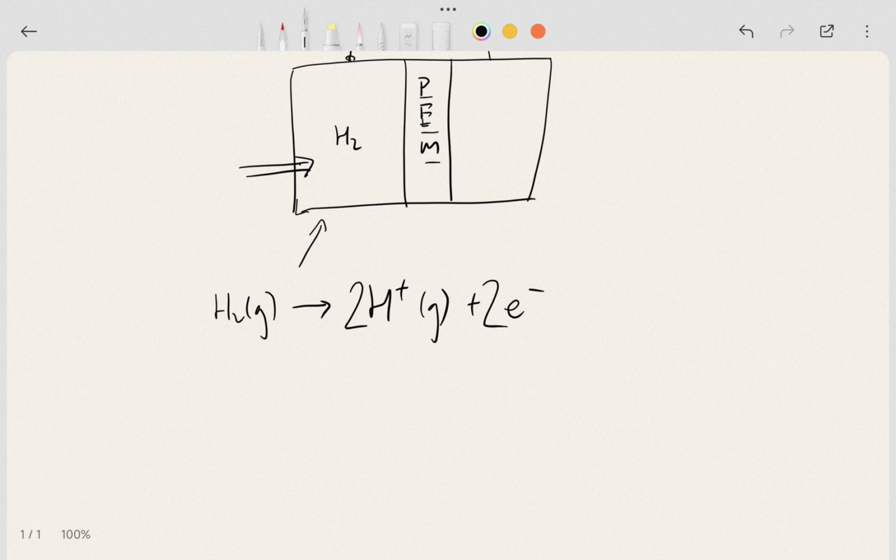Well, hydrogen gas is already H2, so you have two hydrogen atoms bonded together by a covalent bond, and a covalent bond is basically sharing of electrons, which is equivalent to this.